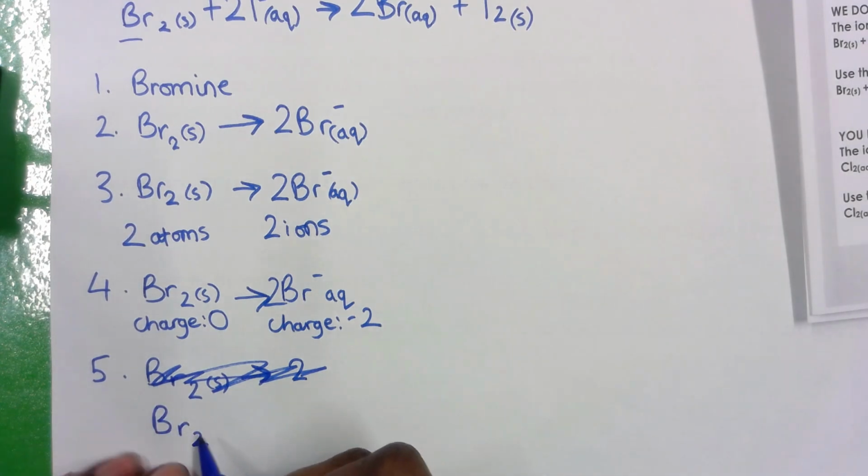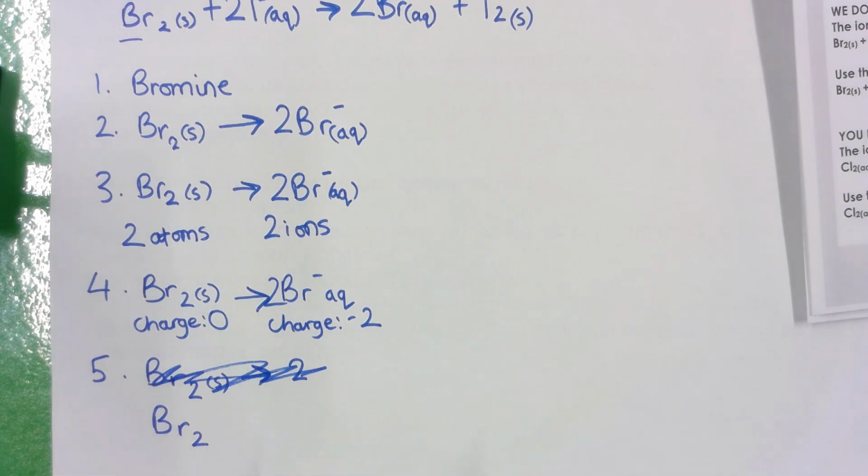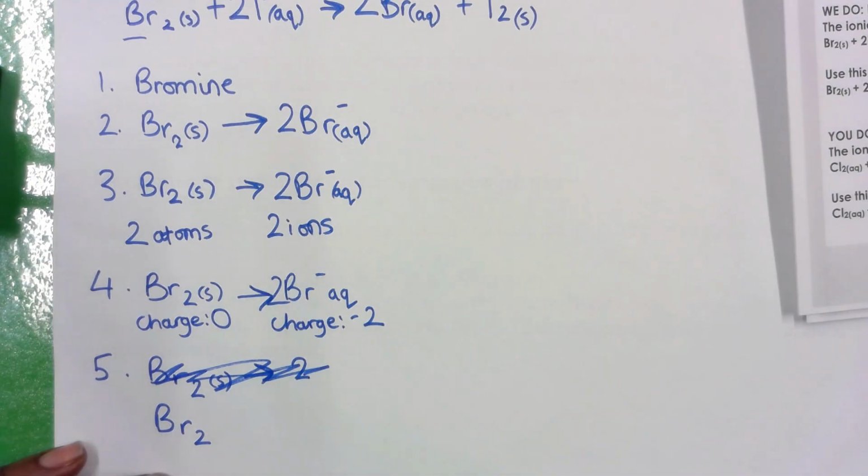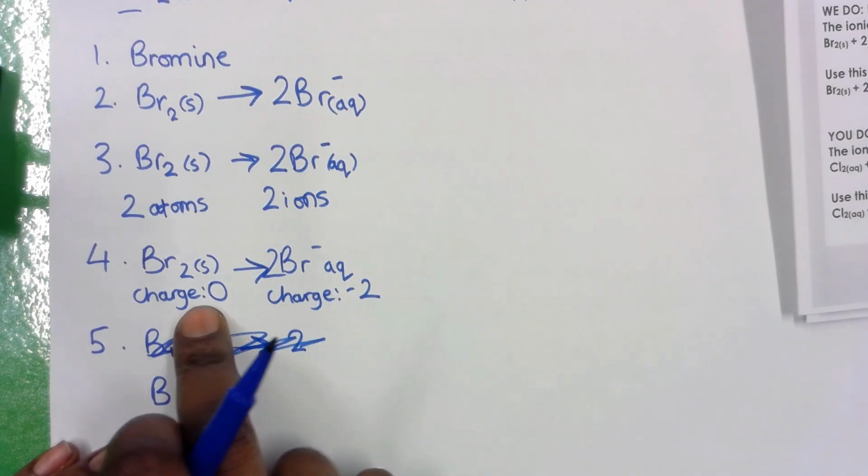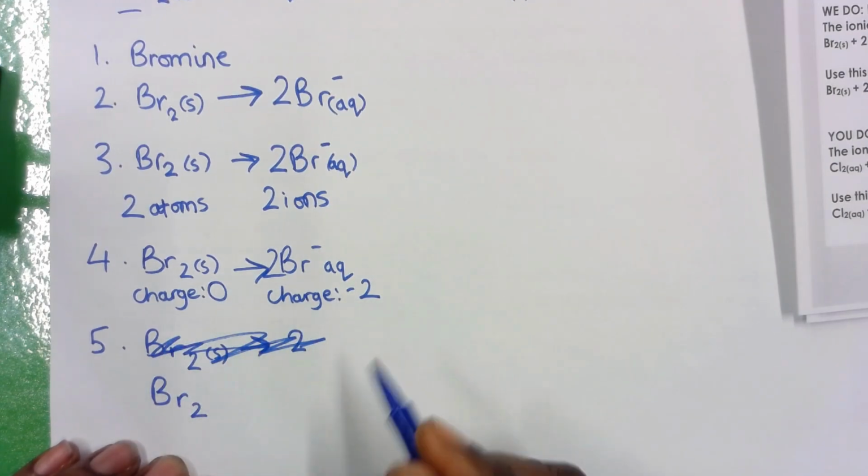So we've got my Br2, and this atom needs to become an ion. Remember we already know it had a charge of 0, but we want it to have the same charge so we can cancel each other out.